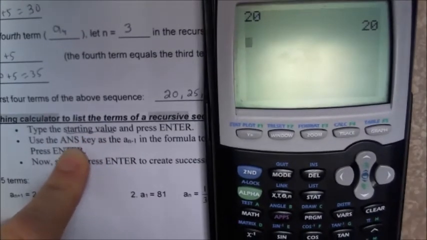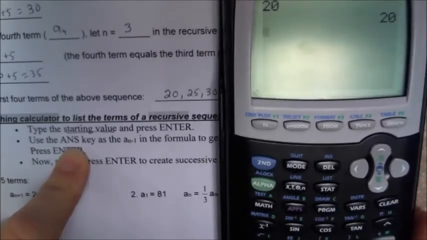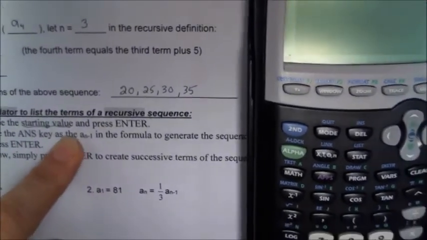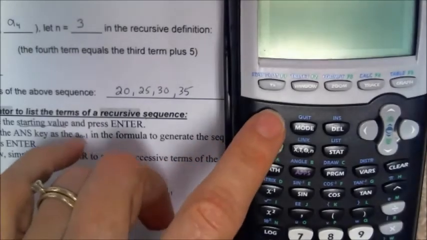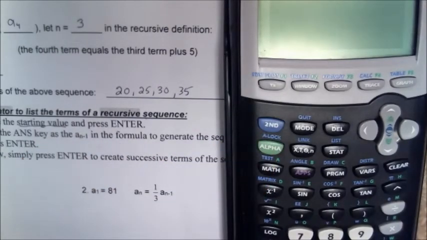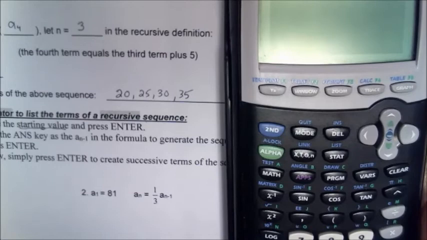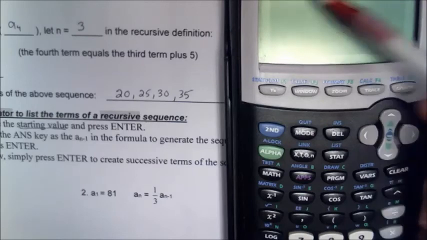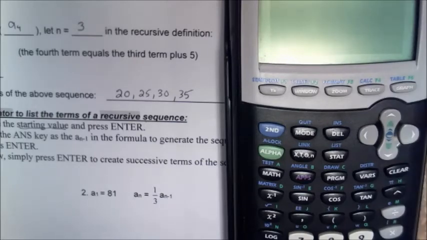And then you're going to use the ANS key as the formula to generate the sequence. That is going to be your previous term plus 5. So this ANS is actually the previous term plus 5. So there's your second term.